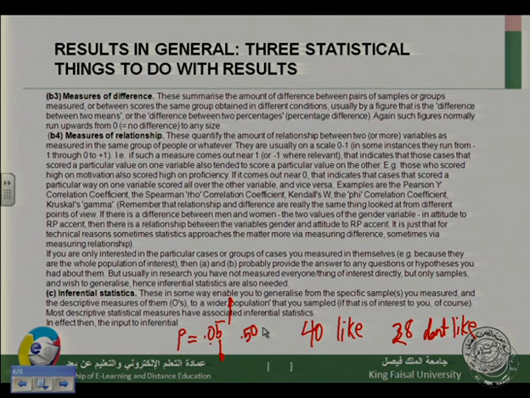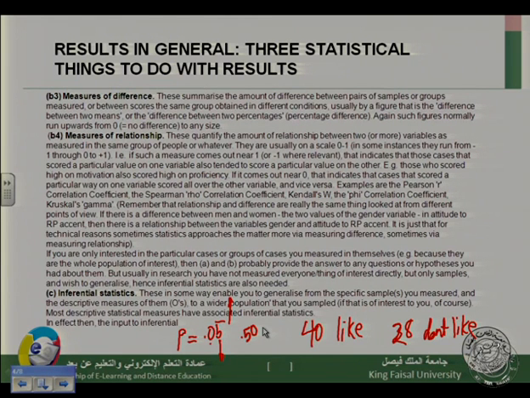But if it is not at the level of 0.05, something like 0.50 or 0.1 or 0.2 or 0.4 or even 0.06 or 0.07, then it is not significant.